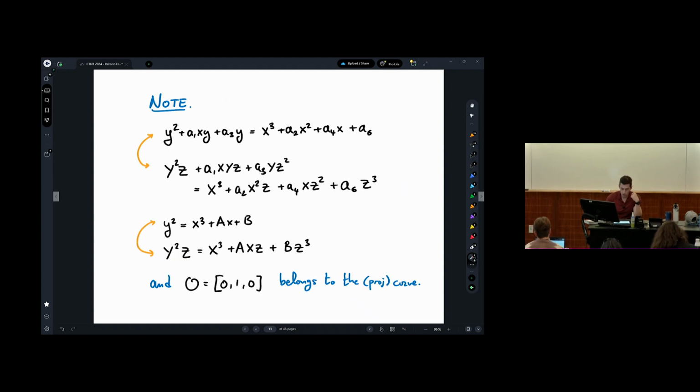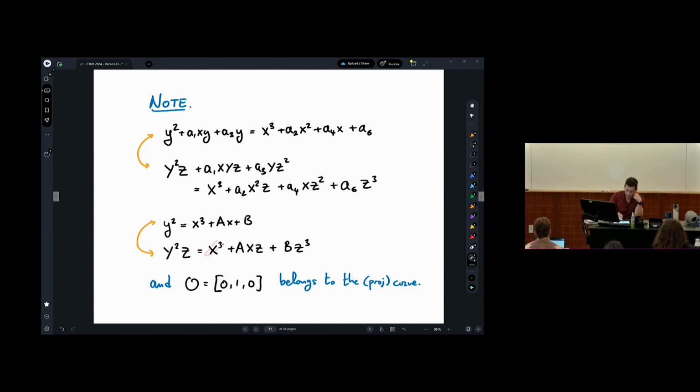By the way, note that if you have a Weierstrass model, this is the projectivization of the Weierstrass model. If you have a short Weierstrass model, this is the projective version of the short Weierstrass model. And in both projective versions, the point (0, 1, 0) belongs to it. So for example, here, if I put z equals 0, this vanishes, and this vanishes.